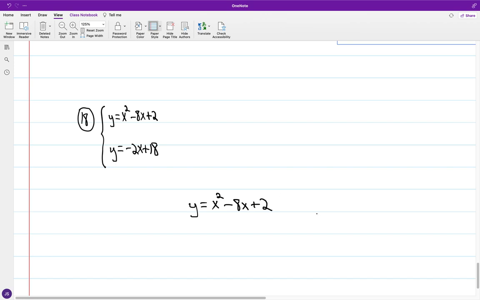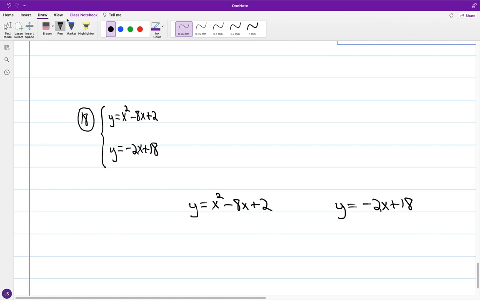So again, both equations are in terms of y. So y is equal to x squared minus 8x plus 2. We have also that y is equal to negative 2x plus 18. And with substitution, the variable we have isolated, in this case y, we can substitute for in the other equation.